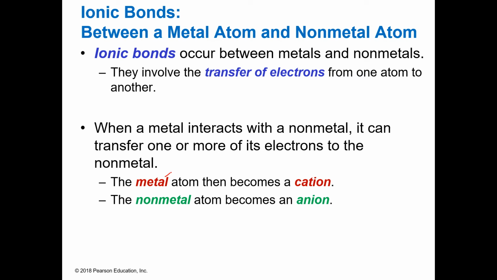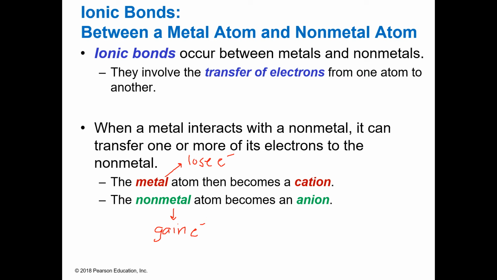Your metals, they lose electrons. Okay, so let's go ahead and write that down. And your nonmetals, they gain electrons. So what happens is your metal loses an electron, one or more, to the nonmetal. And with that, it forms what we call an ionic bond.